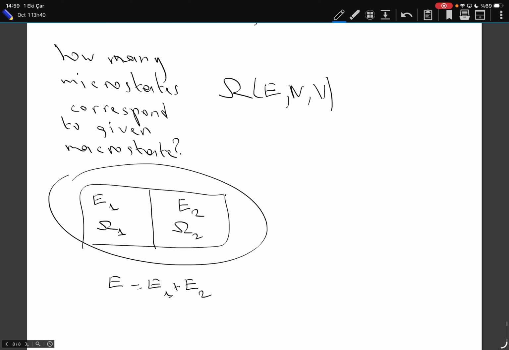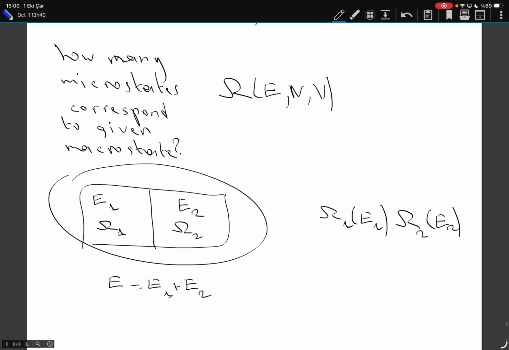Now I can ask the question, what is the number of microstates of the whole system in terms of omega 1 and omega 2? If the first system has energy E1, it has omega 1 of E1 microstates. For each one of these microstates, the second system will have omega 2 of E2. So if the left-hand side has energy E1, the right-hand side has energy E2, the total number of microstates corresponding to this specific macrostate will be just a product.